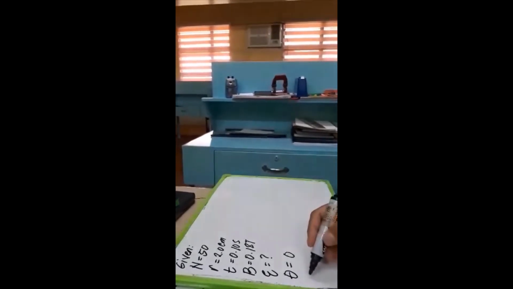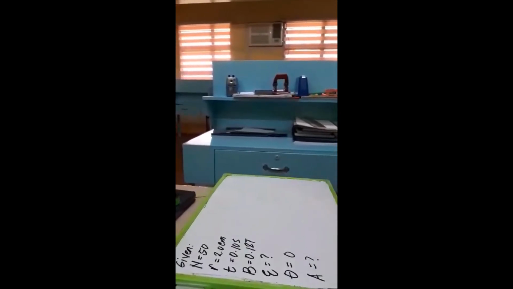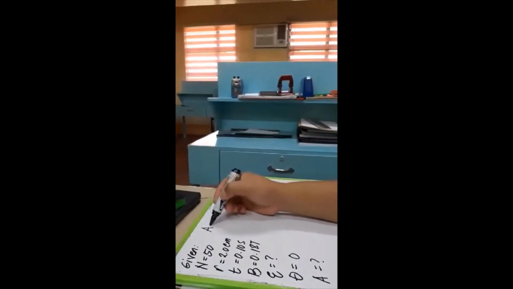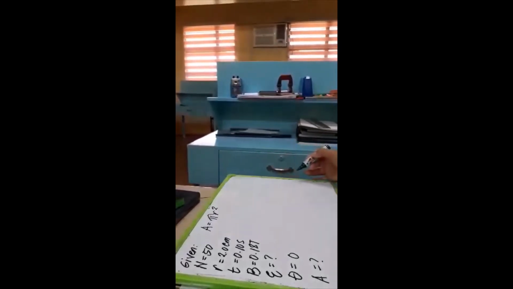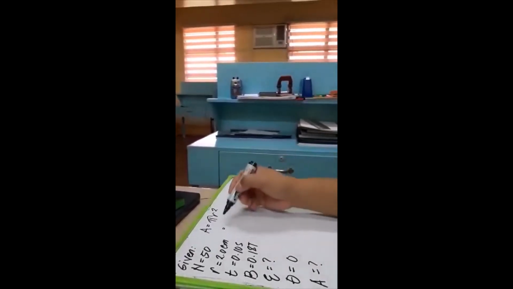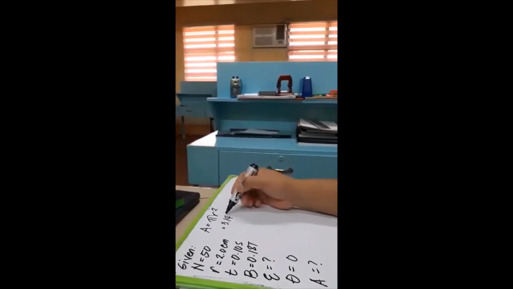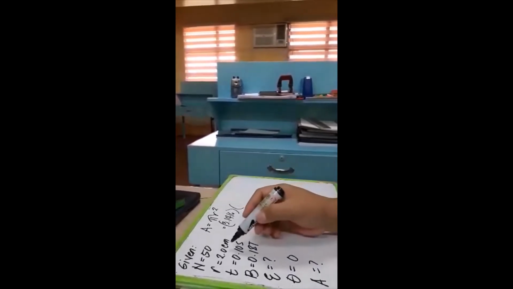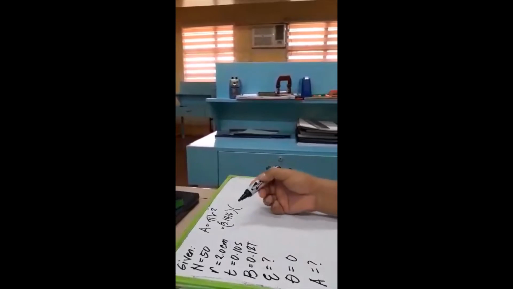First, we don't have the area. The area is what we will look for. So, how are we going to solve the area? We're going to use the formula, which is area is equal to pi r squared, so we have 3.1416. Let's convert this first. So, divide both sides.